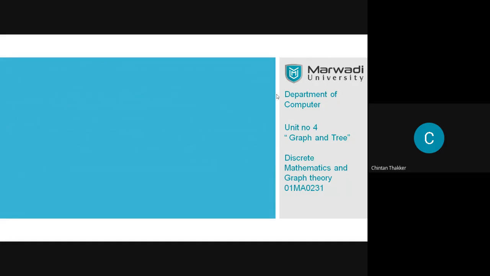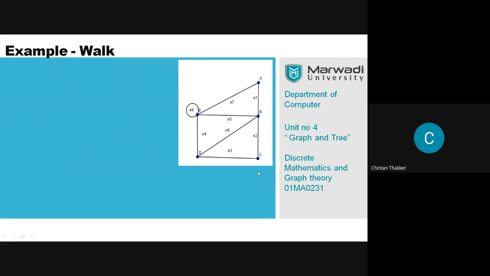Now see this example. In this graph, if we start with A, and we write the sequence A, then E1, B, then E2, C, then E3, D, then E4, E, then this is called a walk.